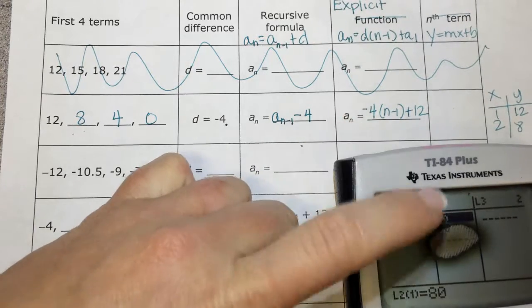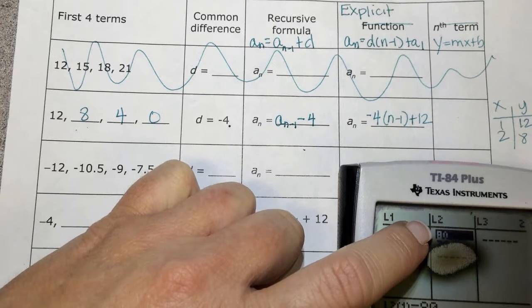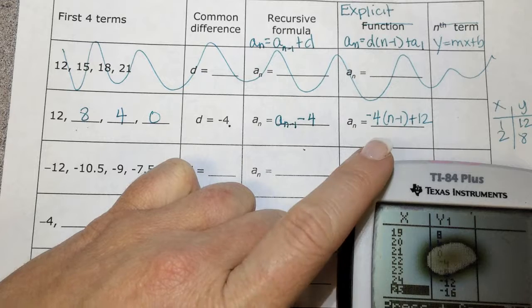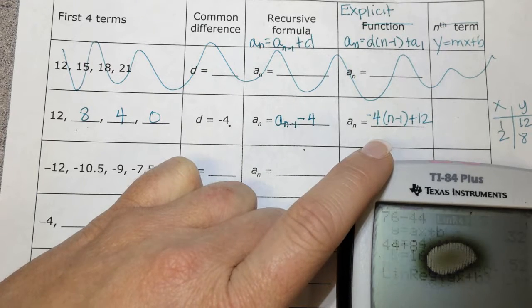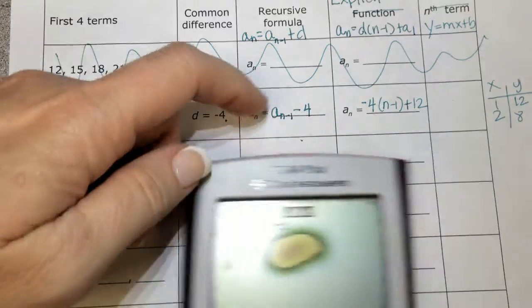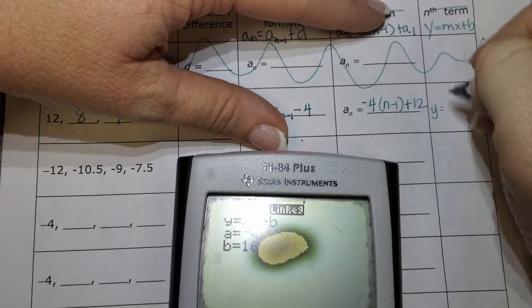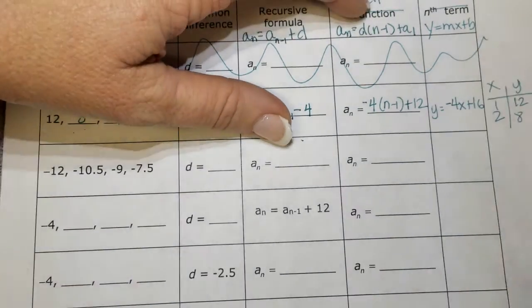So all I need to do is change out these two values. So it's going to be 12 and 8. Oops, then I need to go back to stat, over to calc. So then I see that my function rule is going to be y equals -4x plus 16. Okay, on to the next one.